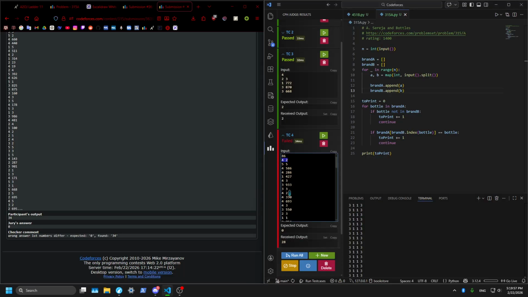4 can open 2. 4 can open 3. 4 can open a ton of things, looks like.